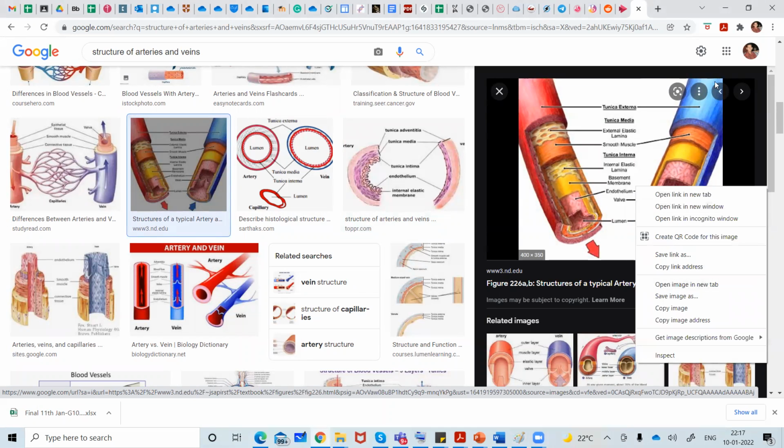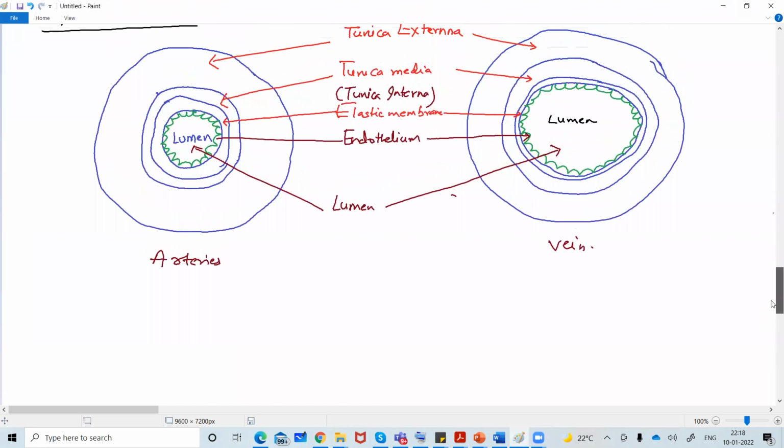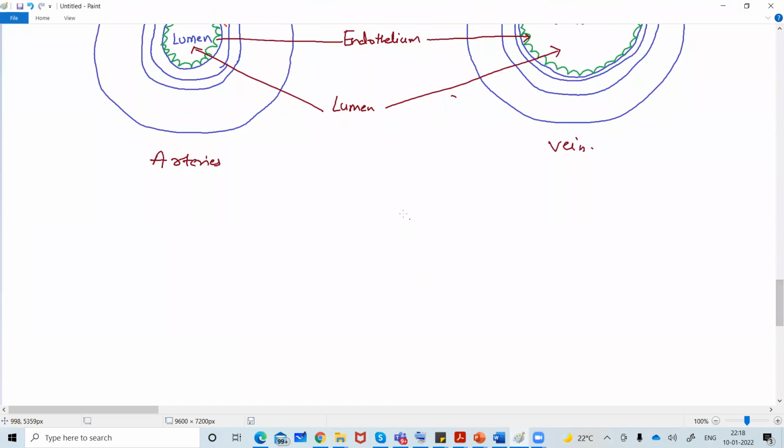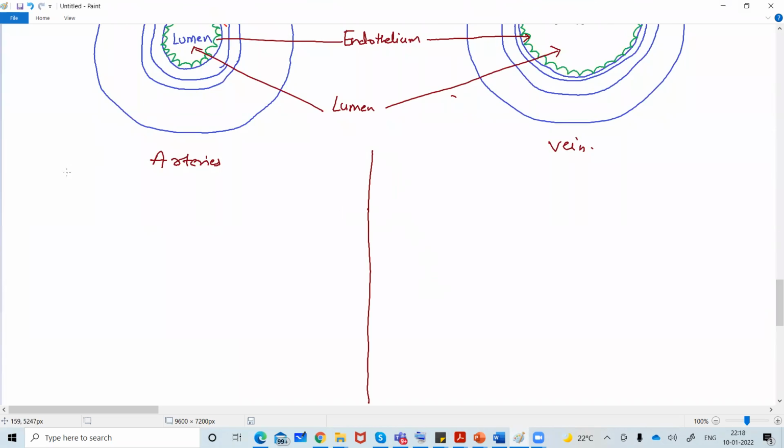Okay, fine then. Let's go to the difference between these two, arteries and veins. If you compare the artery with the vein, arteries have a thick wall and veins have a thin wall.